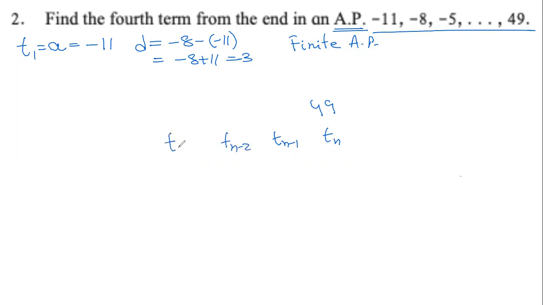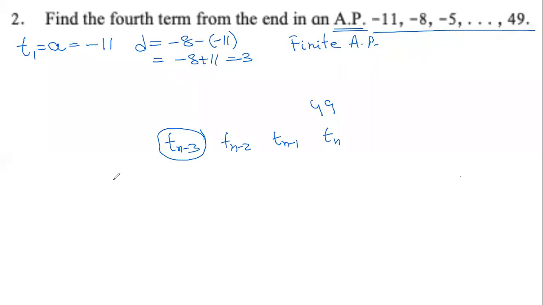What will be the term before that? Tn minus 1, Tn minus 2, Tn minus 3. Correct. Tn minus 3. So when the question is find the fourth term from the end, we have to find this term, Tn minus 3.